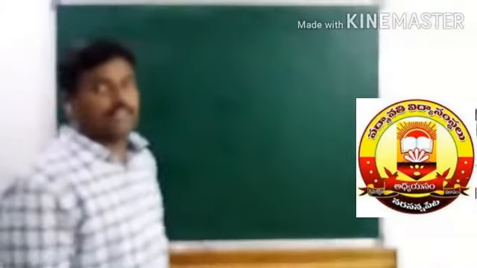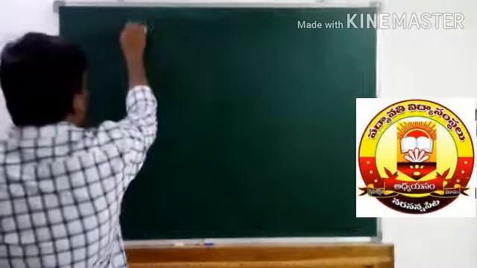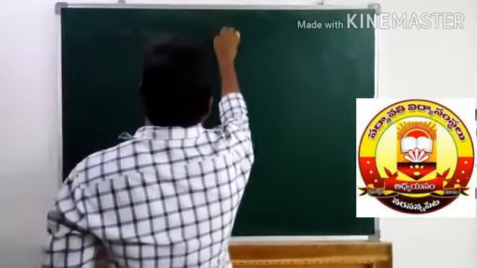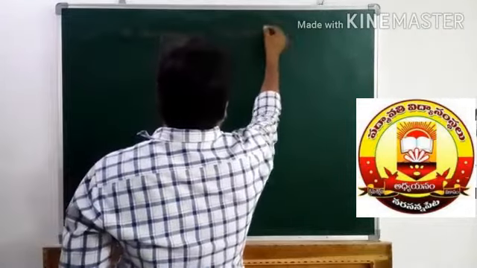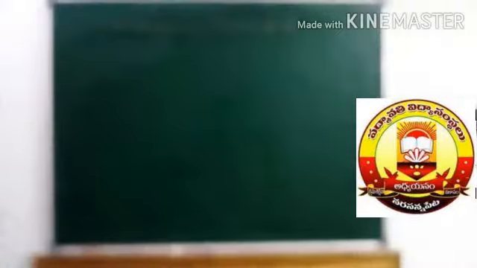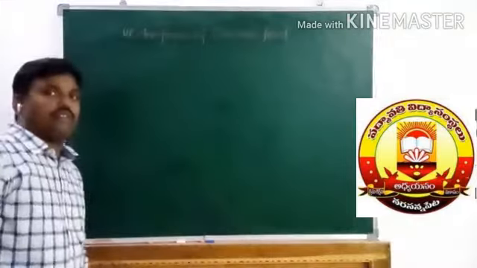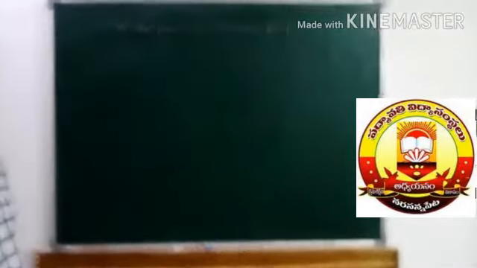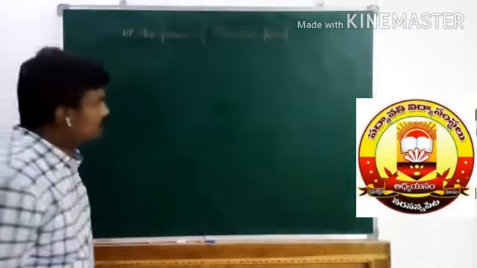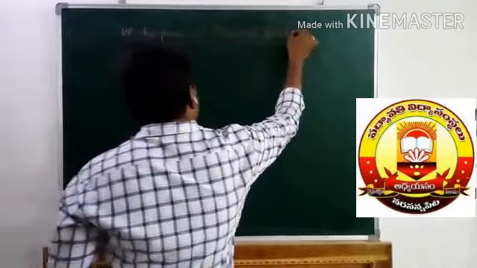Next we will go with the vector form of electric field. As we have done earlier by calculating the vector form of Coulomb electrostatic force, like that only we are going to write the vector form of electric field intensity.